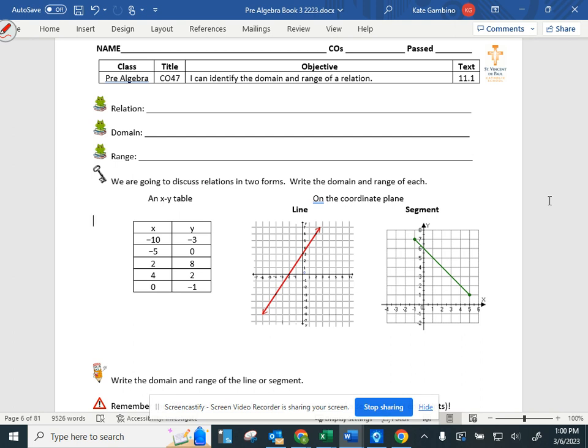A relation is a collection of ordered pairs that you use in a function table or a graph.